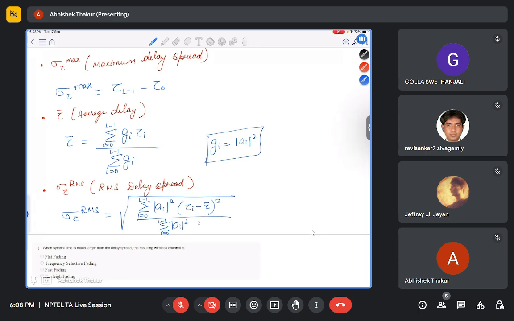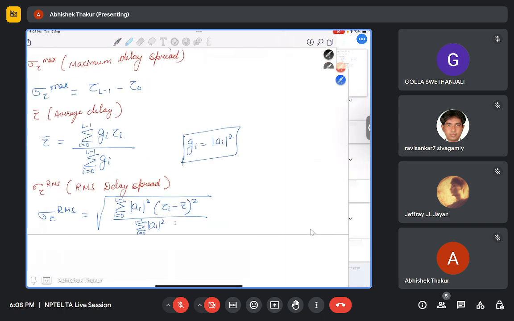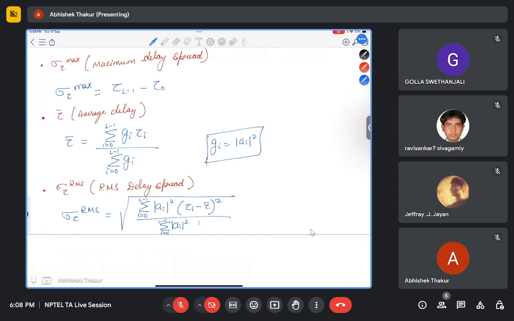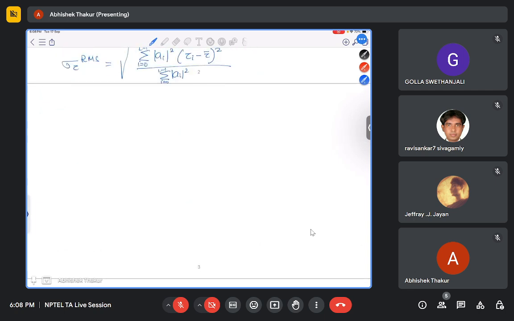And the third one was the root mean square delay spread. We have also solved one question. Now we can take one example and solve it.